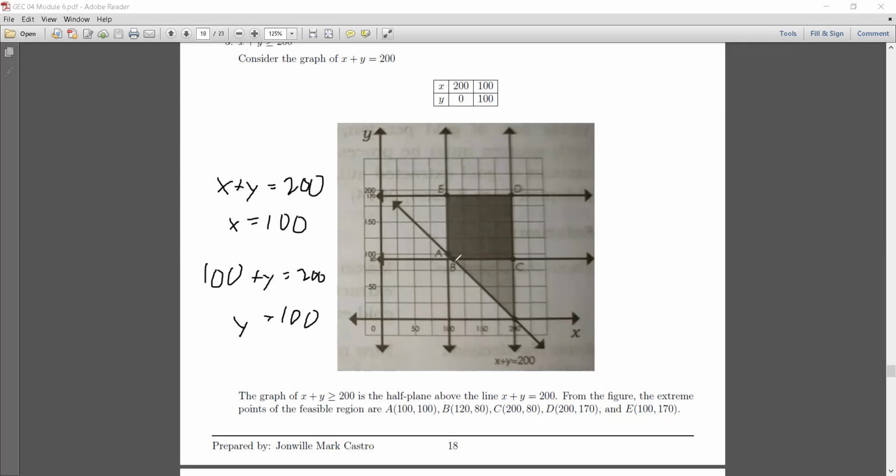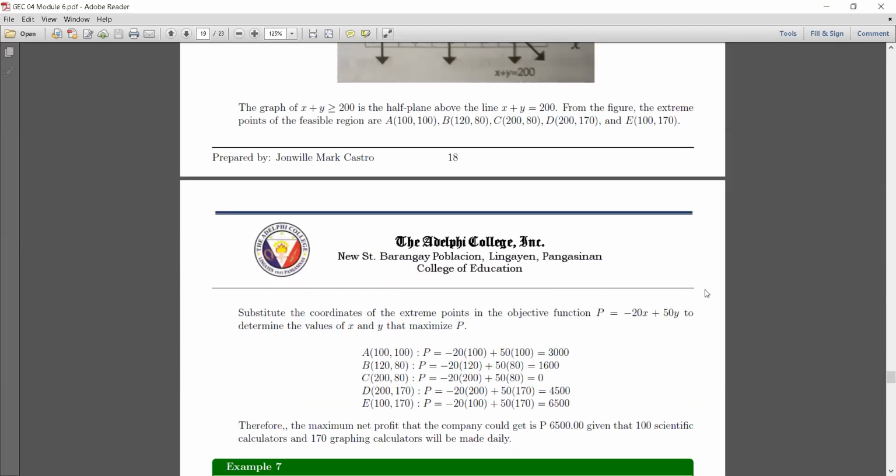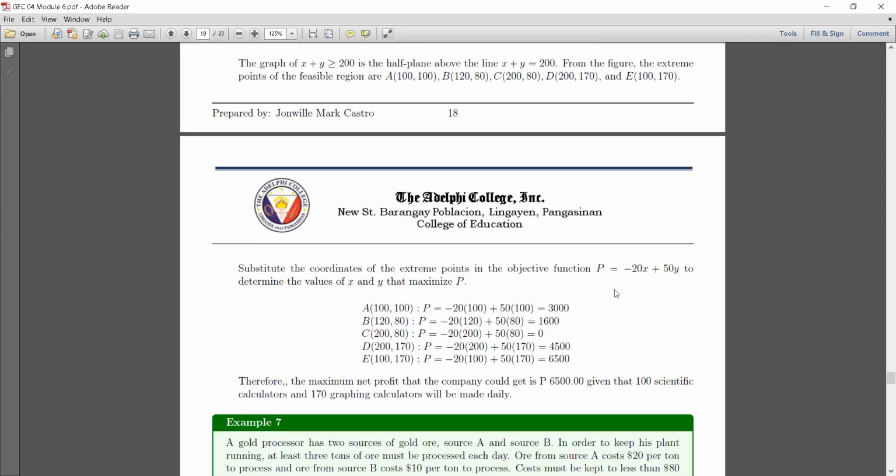The other one is point B. What are the two lines there? We have x plus y equals 200 and y equals 80. So, we have x plus 80 equals 200, and x equals 120. So, 120, 80 is that point. Okay. So, we now have our points. We just substitute them into our objective function.